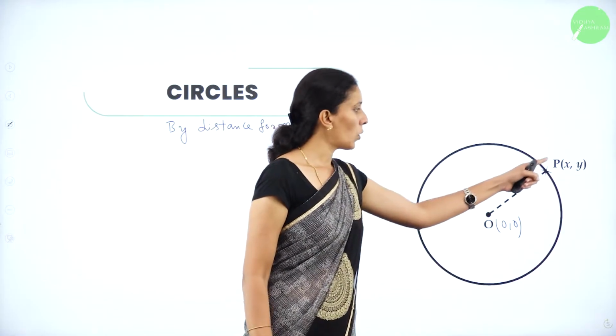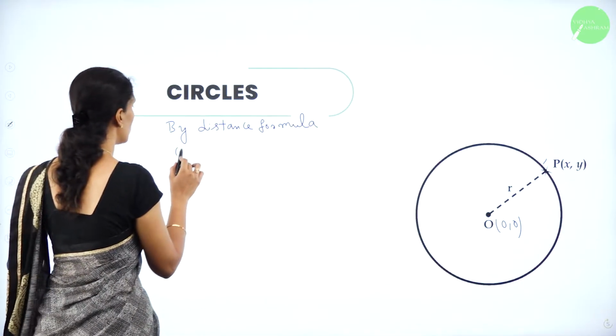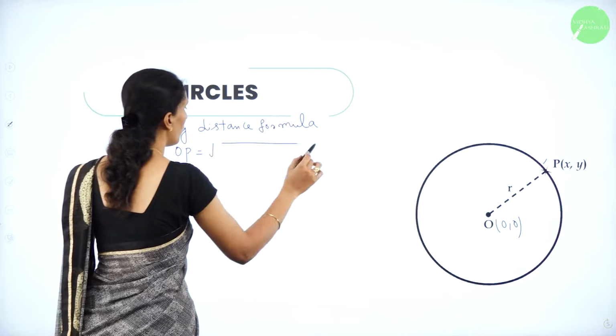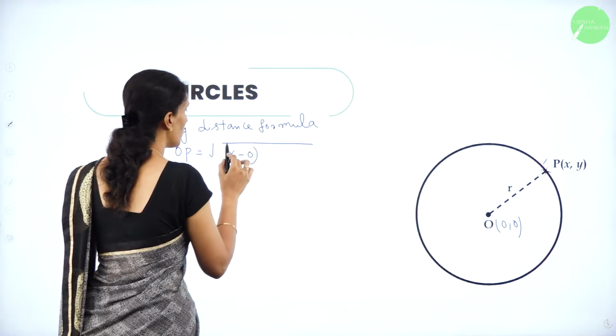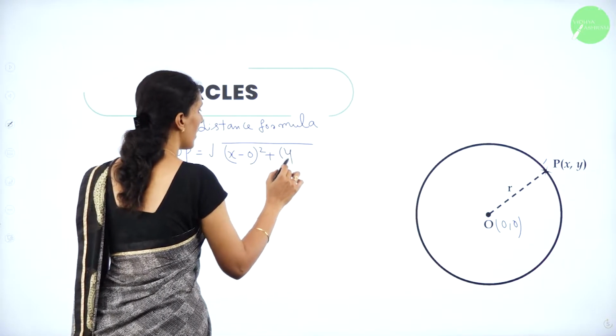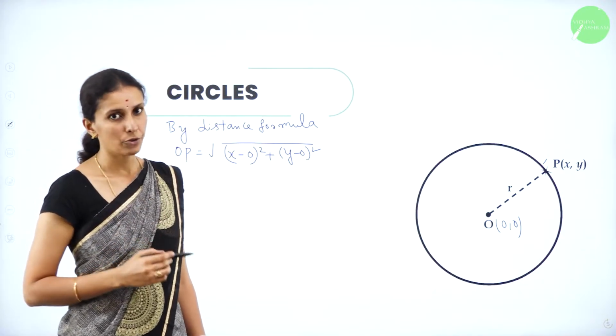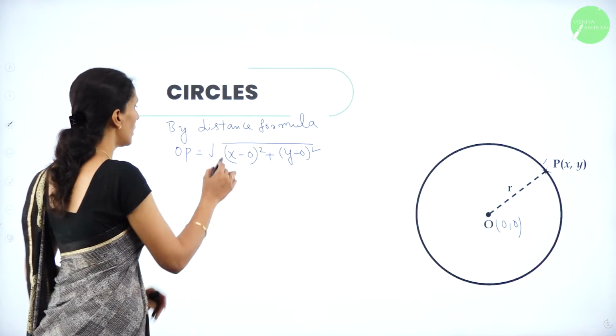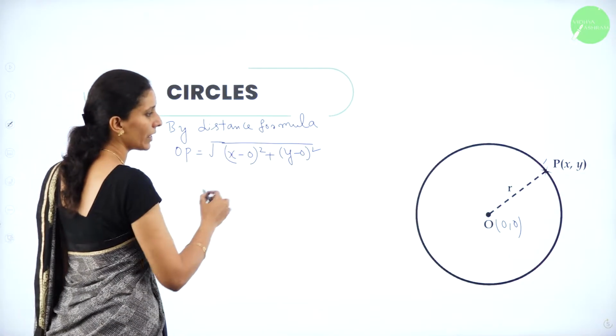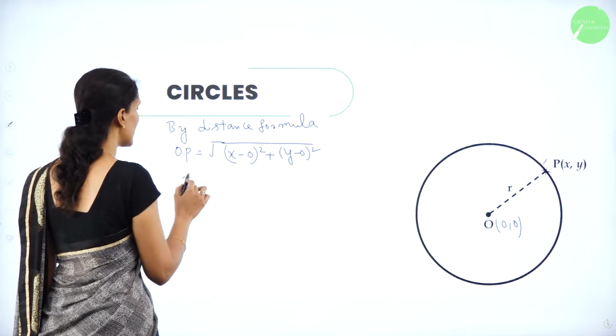We can write OP is equal to square root of x minus 0 whole square plus y minus 0 whole square. That is x2 minus x1 whole square plus y2 minus y1 whole square. Now, what is this OP?